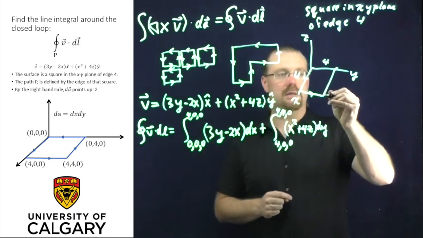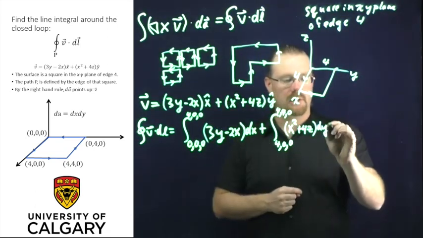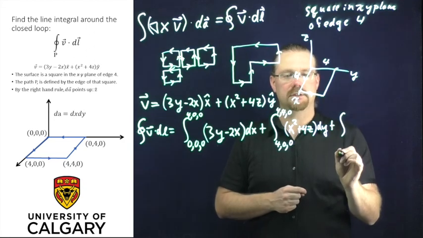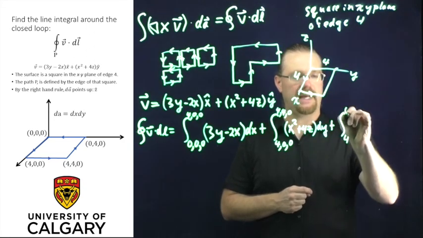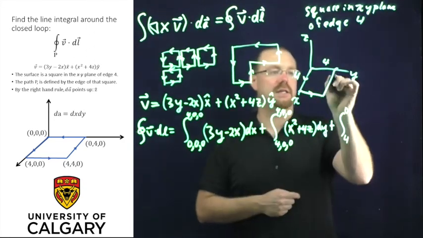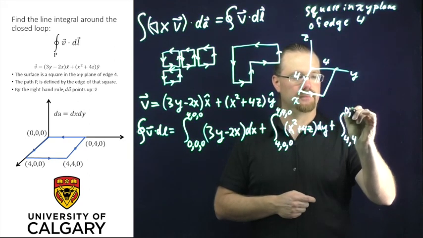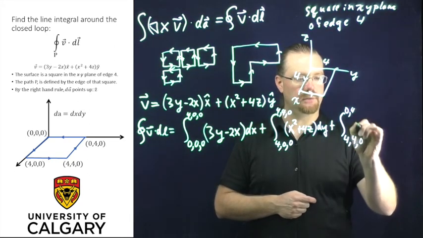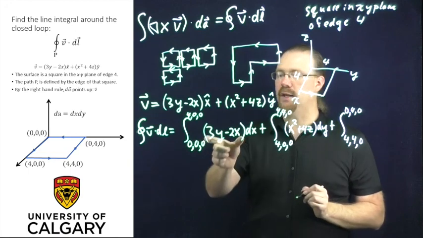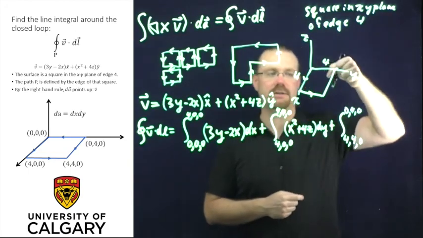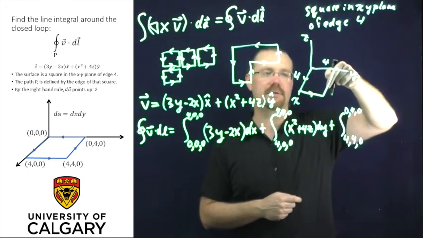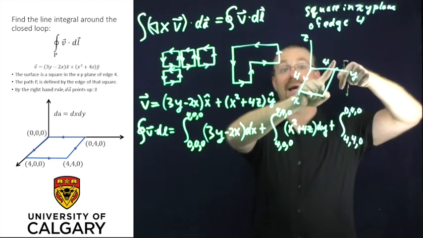Now we're going to go from here to here, a little confusingly. X is going to go from 4 back to 0. Y is going to stay constant at 4. And z is still going to stay 0. And just like we had over here, our dl vector is still pointing in the positive dx direction, even though our path is going back this way.